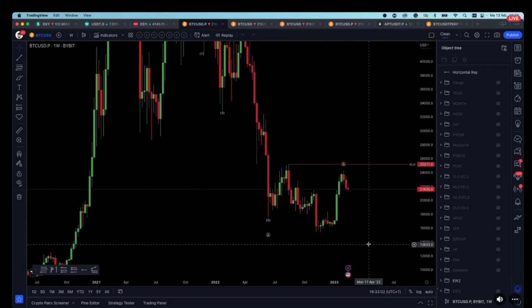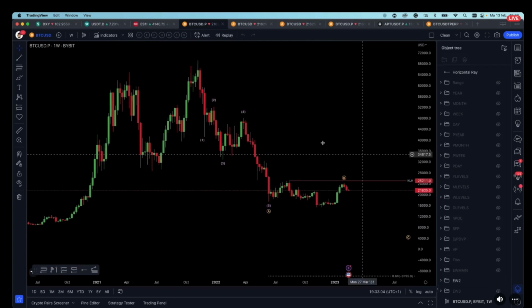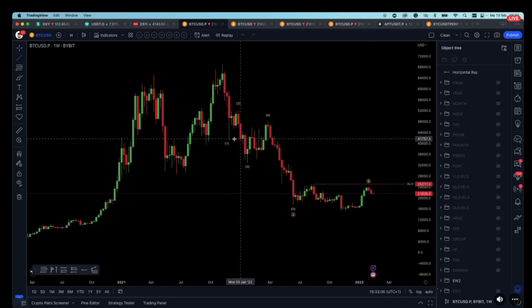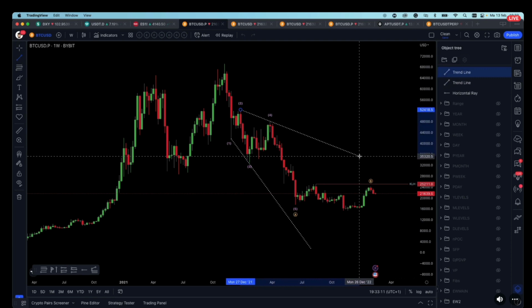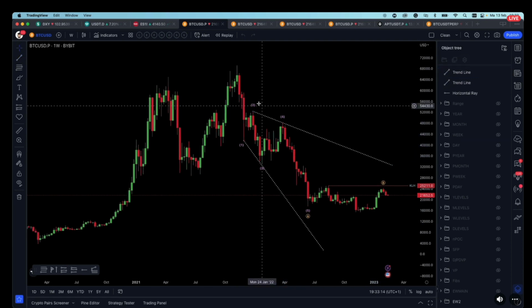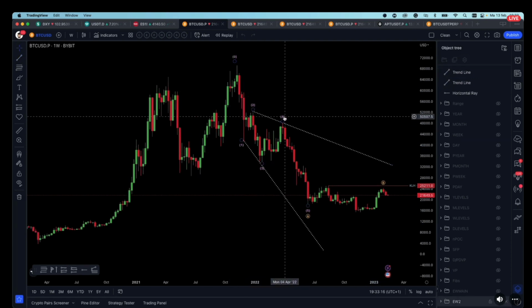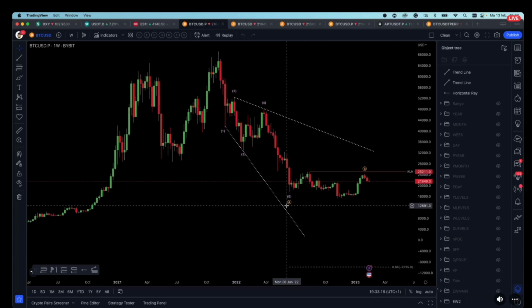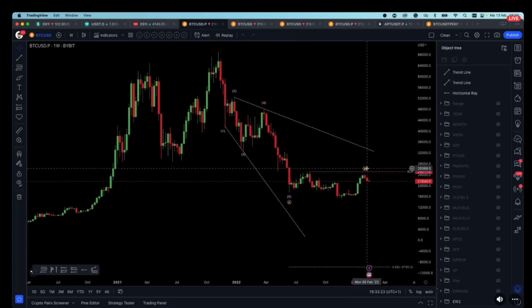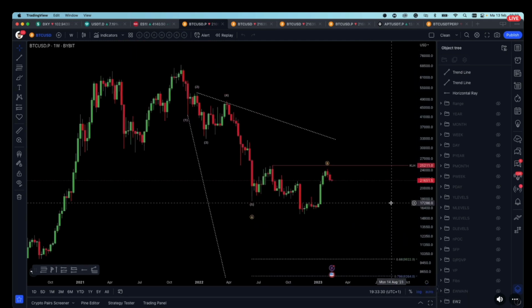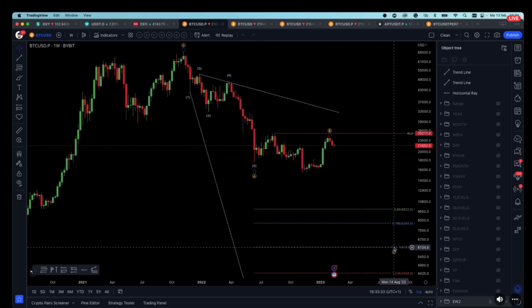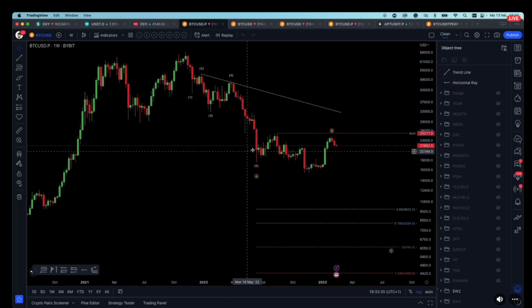My next one is something different, but actually better. And this is called an expanding diagonal with a 1, 2, 3, 4, 5. Now we have A, B, and this is going to be C. This all being B, and then we have our C wave to the downside, basically at around 1 to 1.